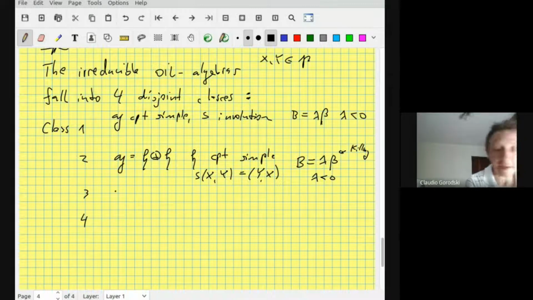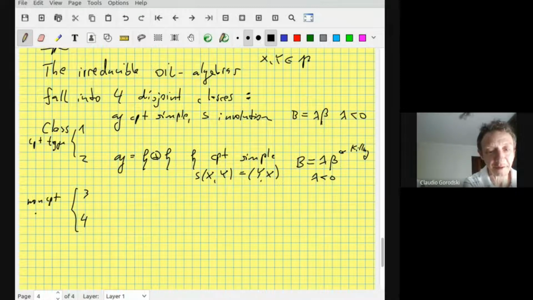Classes 1 and 2 are compact type. And now we have non-compact type here, and Cartan duality interchanges 1 with 3 and 2 with 4, okay?